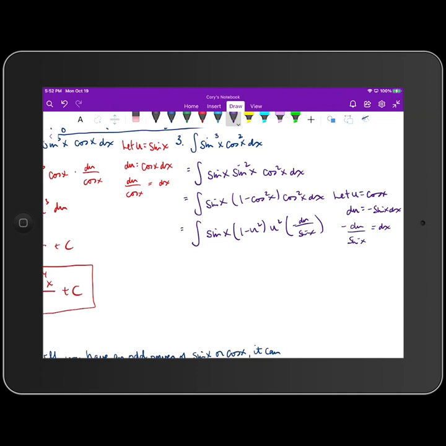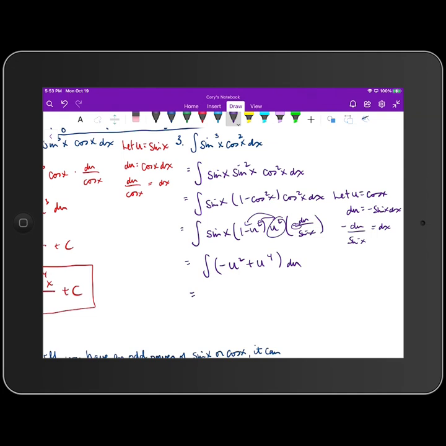Okay, so the sines cancel. I'm going to distribute negative u squared across these two terms. So when I do that, that's going to become the integral of negative u squared plus u to the 4th power, which we're integrating with respect to u, and then we can go ahead and integrate that term by term.